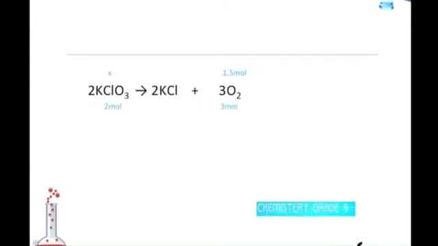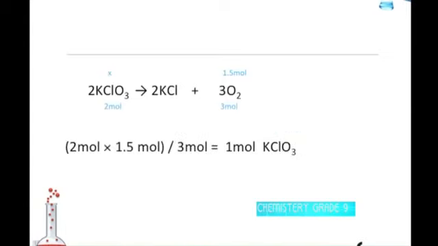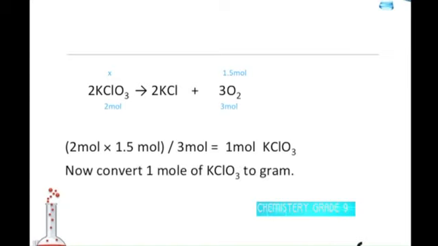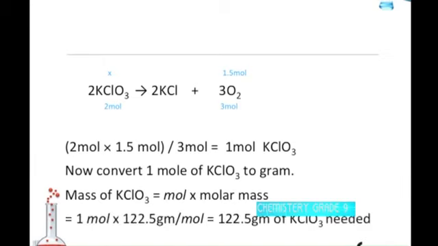We know there are 2 moles of potassium chlorate and 3 moles of oxygen. So 2 moles times 1.5 moles divided by 3 moles equals 1 mole of potassium chlorate. But now we can convert that to grams. The mass of potassium chlorate is equal to the moles that we just calculated times the molar mass. So the answer is 122.5 grams of potassium chlorate.